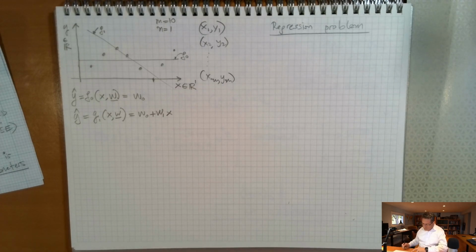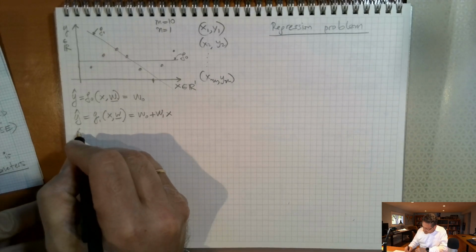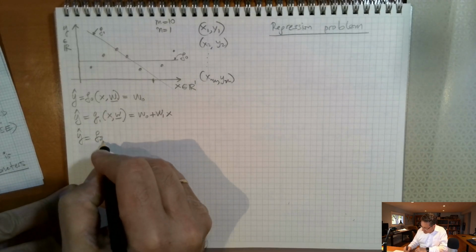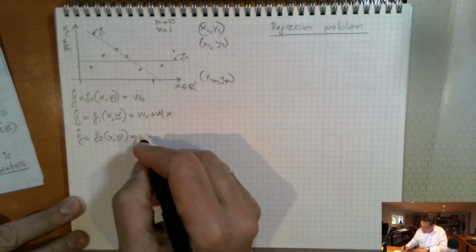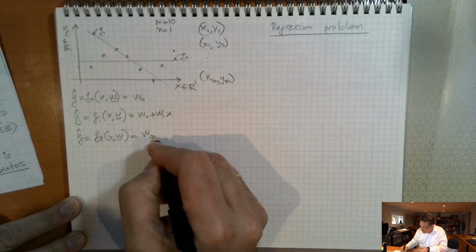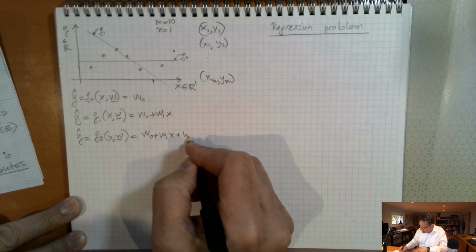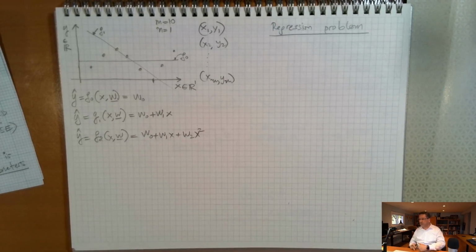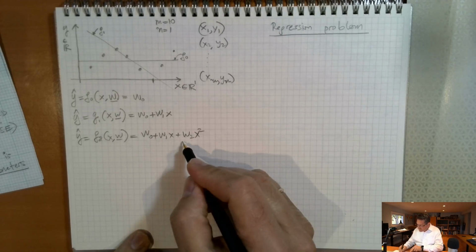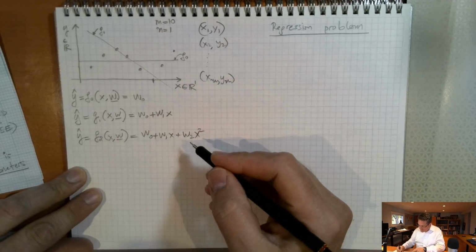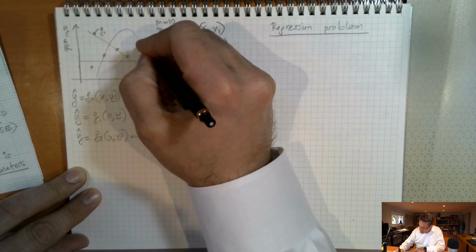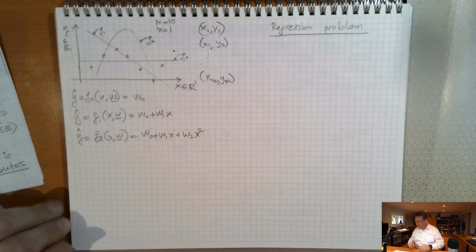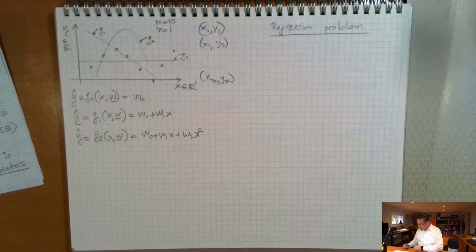Now we can continue, and let's say that someone suggests another hypothesis: w0 plus w1x plus w2x squared. Now you're going to say, hold on a second, what is this term over here? Let me draw it and then explain it. Maybe the hypothesis will look like this, g2, let me call it.